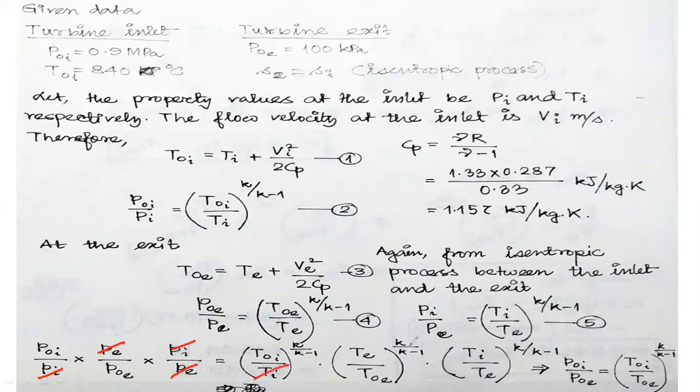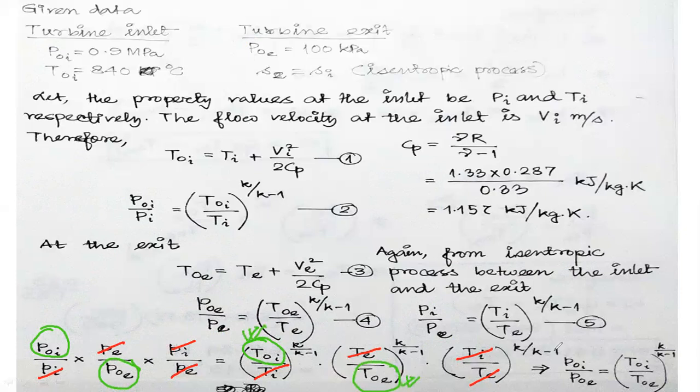Similarly here Ti cancels, Te cancels. Okay, so after doing this, the remaining terms here are P0i and P0e, both are known. On the right hand side, T0i and T0e. You see that T0i is known, T0e is unknown.